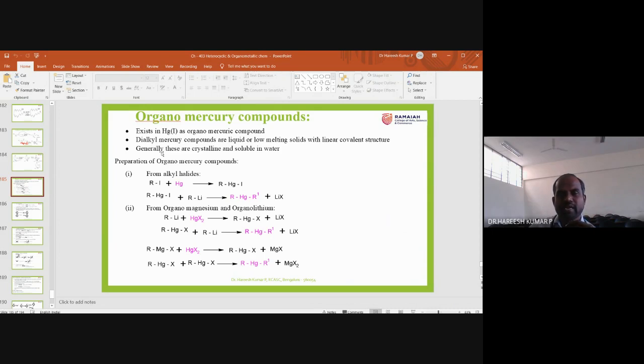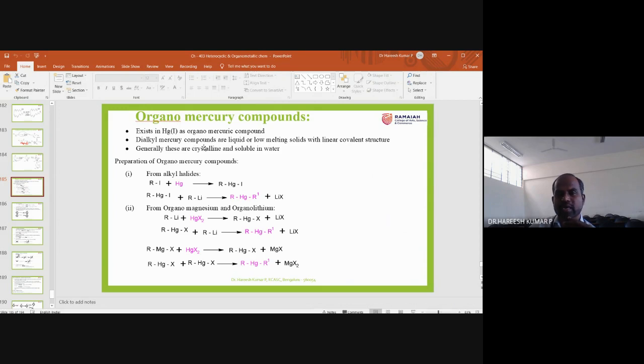Then dialkyl mercury: dialkyl mercury means when Hg is bonded with two alkyls. The two alkyls may be methyl, propyl, whatever it is. These are liquids or low melting solids. Dialkyl mercury is an organomercury compound.